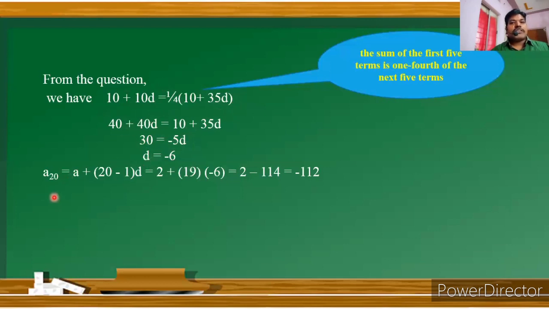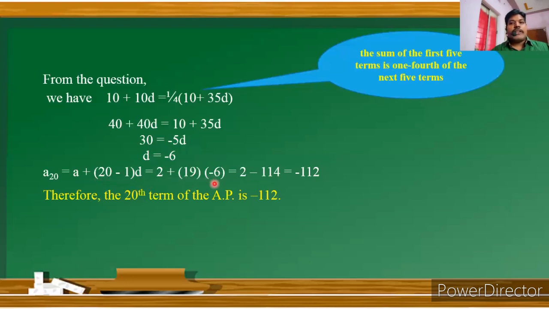What is the question they are asking? They are asking you to calculate the 20th term. What is the an formula? The nth term formula is a plus n minus 1 into d. Here the n value is 20, since we are calculating the 20th term. So a plus 20 minus 1 into d. I already know the a value is 2 and the d value is minus 6.